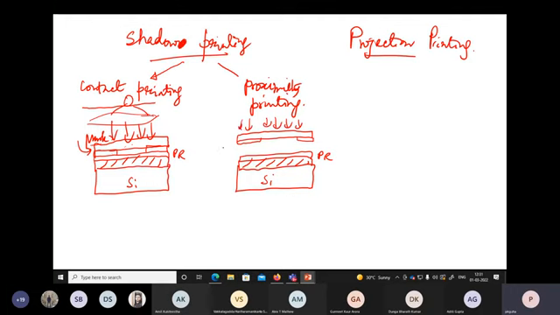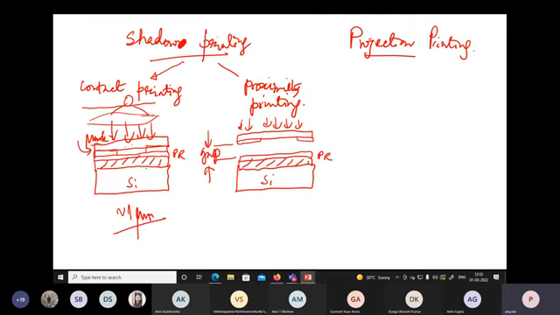There is a certain gap, so this is proximity printing. In case of contact printing, we get high resolution because the mask and the substrate are in contact. Of the order of 1 micrometer we can get.